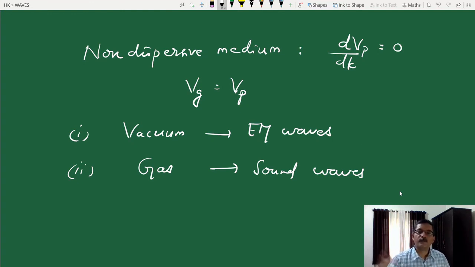All the different frequencies in normal speech or music propagate with the same speed, so it's a non-dispersive medium. Phase velocity does not vary with wavelength. So gas is a non-dispersive medium for sound waves. That is the idea of phase and group velocities, and of dispersive and non-dispersive media.